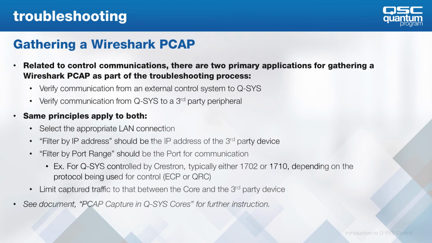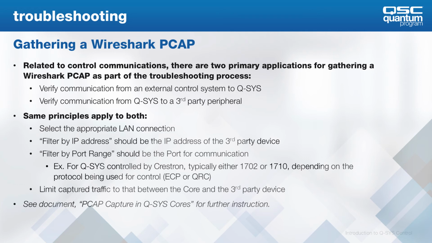There are two primary applications for troubleshooting Q-SYS with Wireshark: verifying incoming control communications received by Q-SYS and verifying outgoing control from Q-SYS to other third-party devices. Either way, the same troubleshooting principles apply.